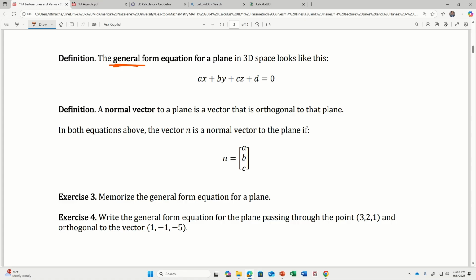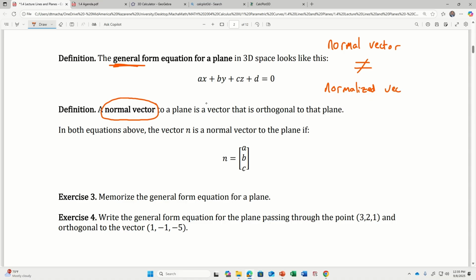So by the way, whenever I talk about a vector that's orthogonal to a plane, we call that a normal vector. And this is a very confusing thing to say, in my opinion, because you should know a normal vector is not the same thing as a normalized vector, right?